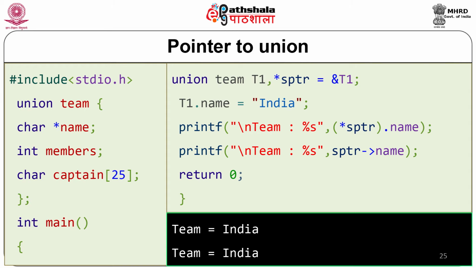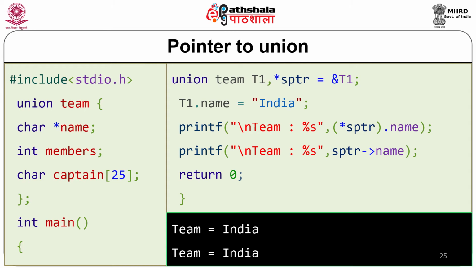You can see here there are different members. The union name is Team, with character star name and integer members. So these are the members of the union. You can see character captain is also a member.